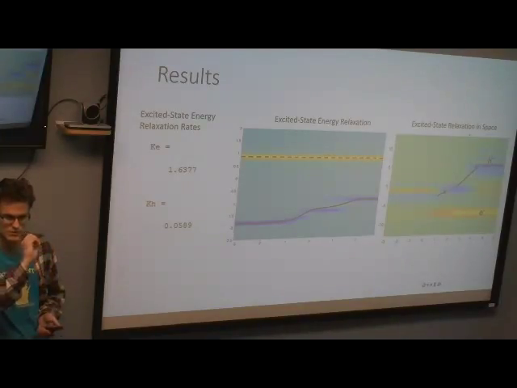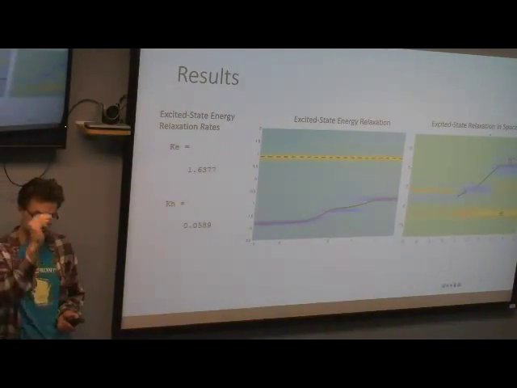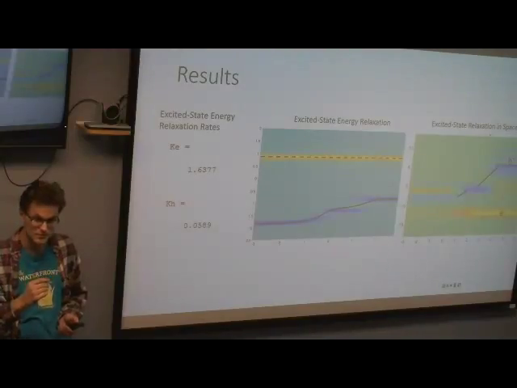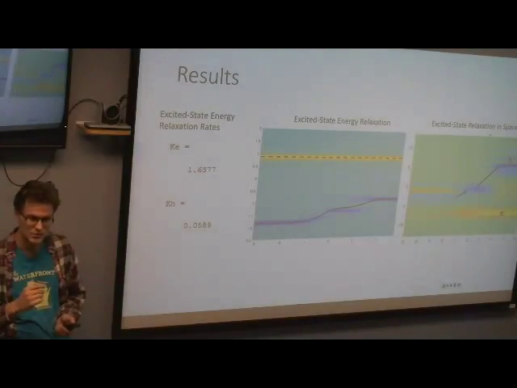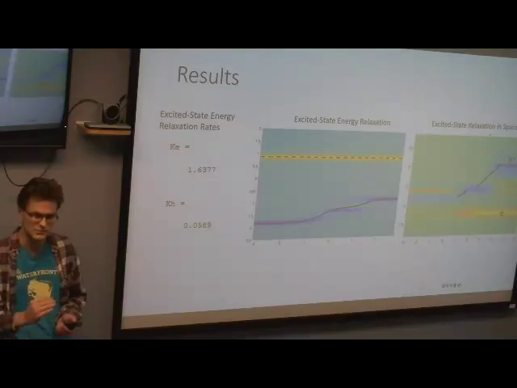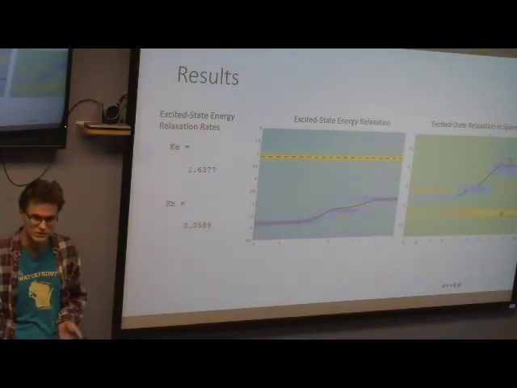If you're at LUMO plus 20, it calculates the rates of relaxation to all the orbitals below it, up to the LUMO, the frontier orbital. Then it just does that each time step. So it's an average relaxation rate. At each time step, it doesn't compute a new rate, so it's the same rate throughout this whole simulation.